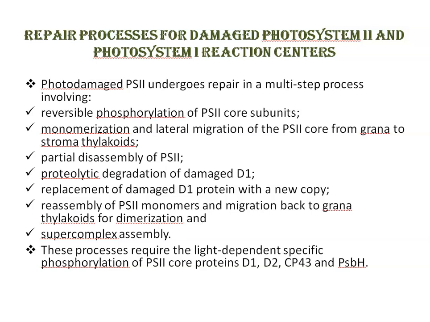Second is monomerization and lateral migration of photosystem 2 core from grana to stroma thylakoids. Then partial disassembly of photosystem 2. Next is proteolytic degradation of damaged D1 proteins. Then replacement of damaged D1 proteins with a new copy and reassembly of photosystem 2 monomers and migration back to grana thylakoid for dimerization and supercomplex assembly.